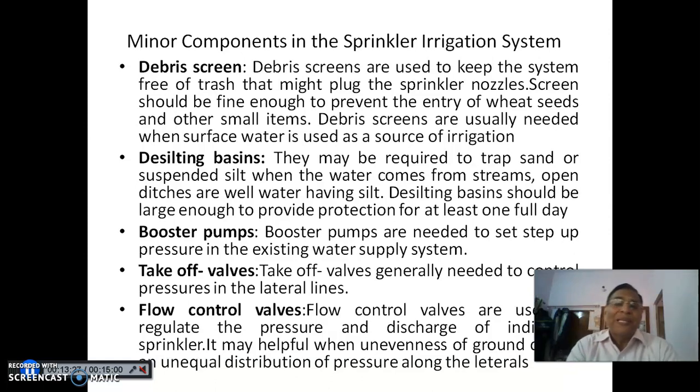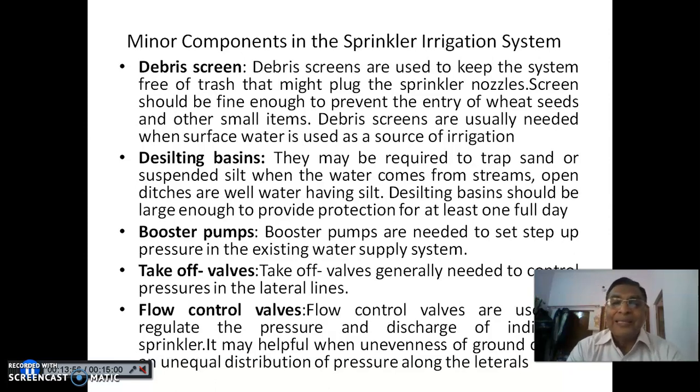Debris screens are usually needed when surface water is used as a source of irrigation. That is why normally for bore water, not that much debris is there, but for surface irrigation from a canal source, you should definitely use debris screens. Okay, then desilting basins may be required to trap sand or suspended silt when the water comes from streams, open ditches, or even well water having some silt.